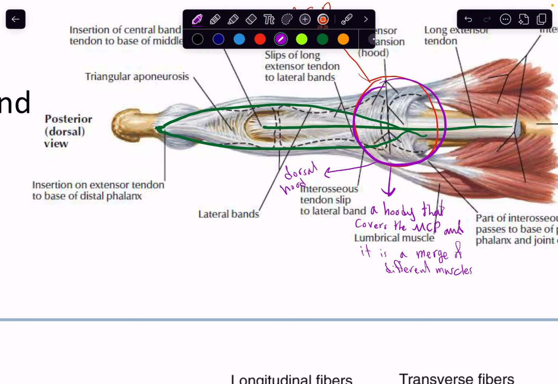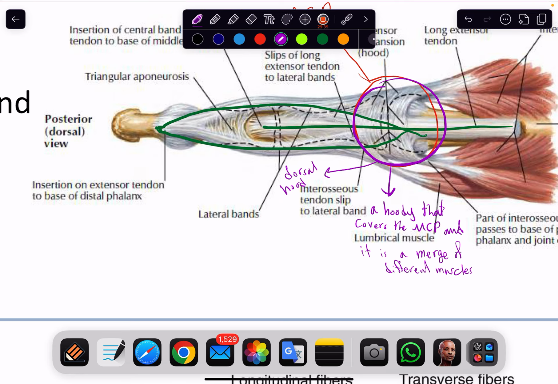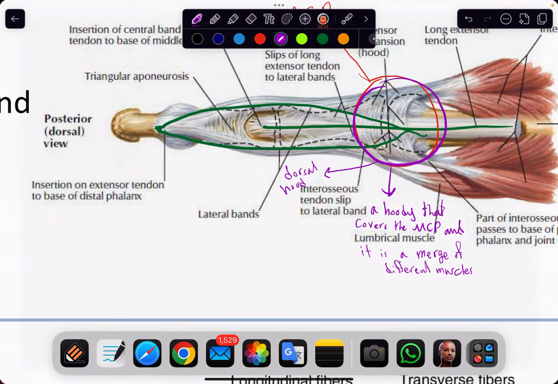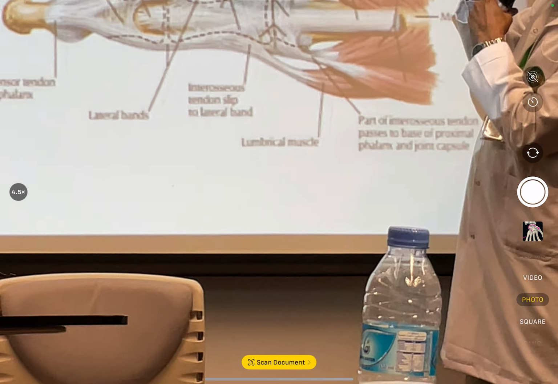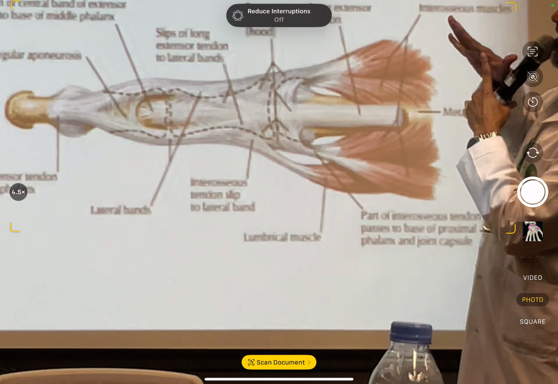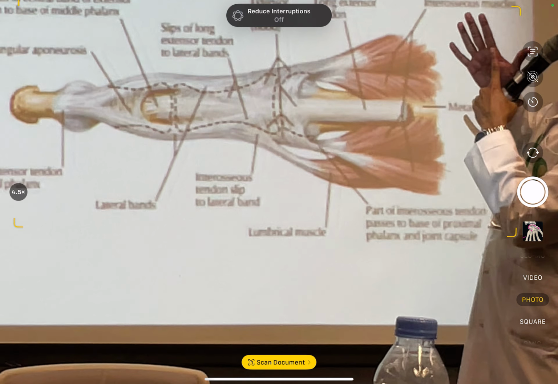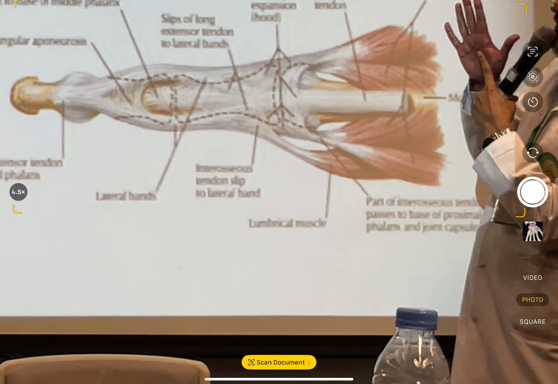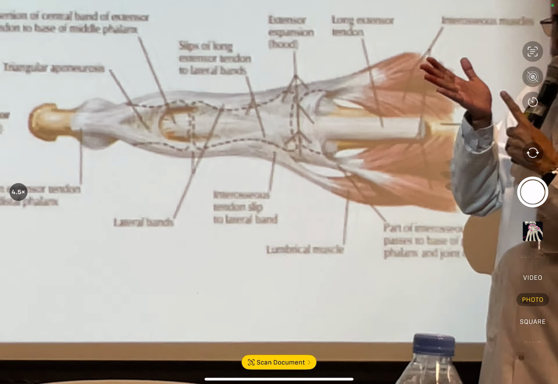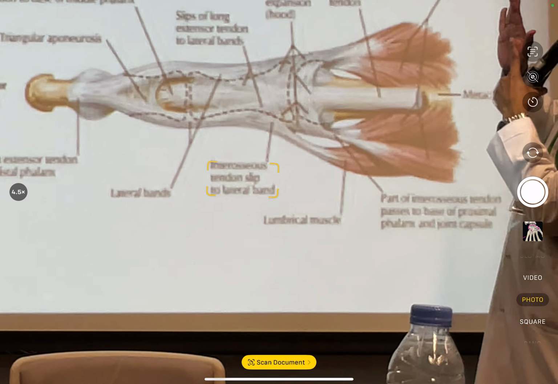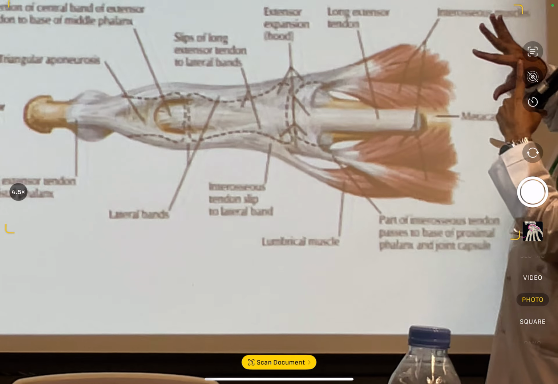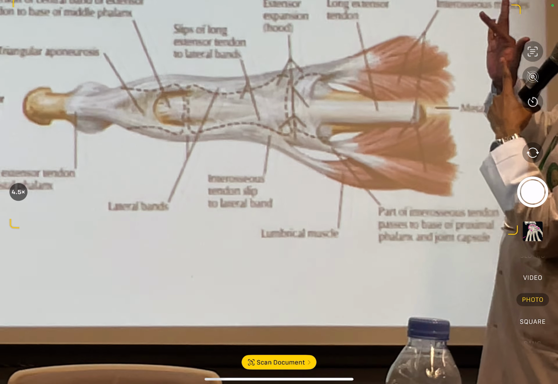The interossei, the palmar and dorsal interossei plus lumbricals, they are here in the front, right? Now look at the position. From front, the muscles are attaching to the lateral side and they are pulling it from where? From the back side or front side? Front side, right? So when they pull it from front, the metacarpophalangeal joint, they will bend.